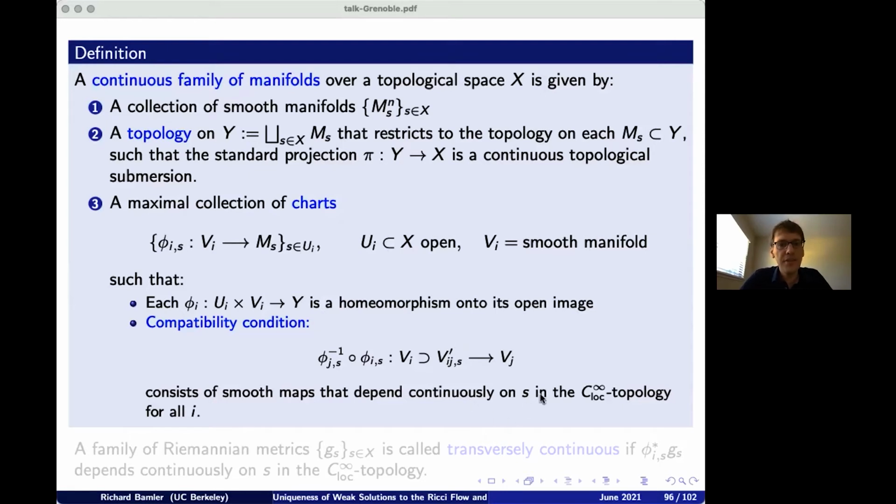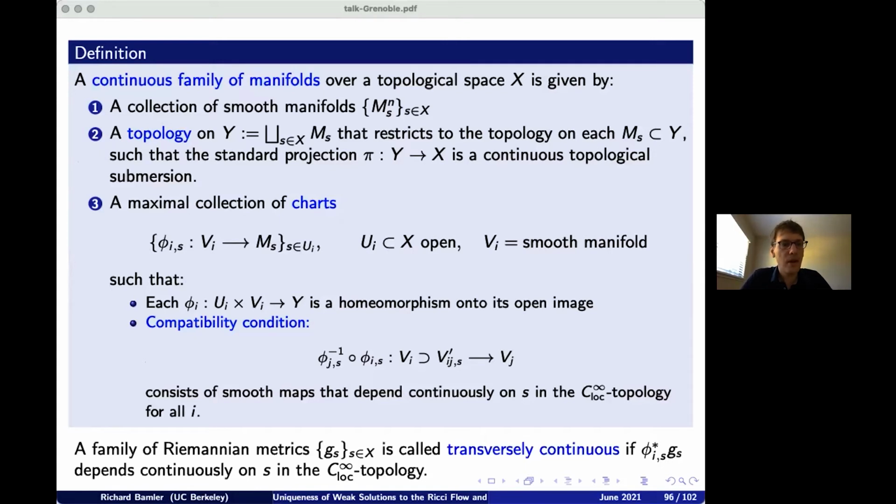So I'm not saying that this depends smoothly on S. I'm just saying it depends continuously on S in the C infinity topology. For those people who work more on the topological side, this is essentially a submersion combined with lamination. Okay, this is a continuous family of manifolds.